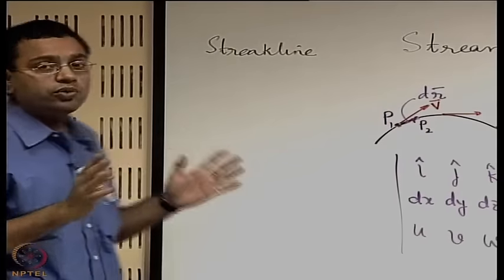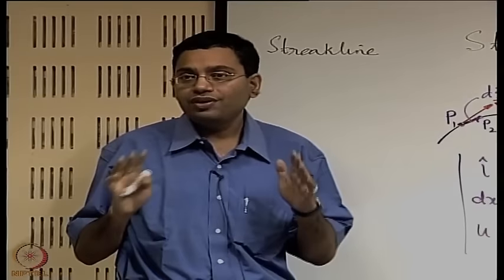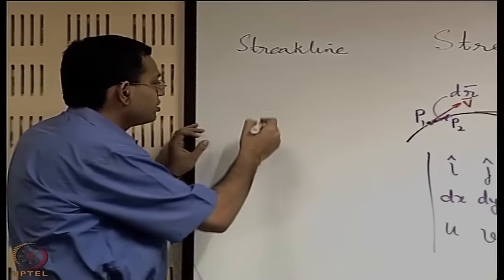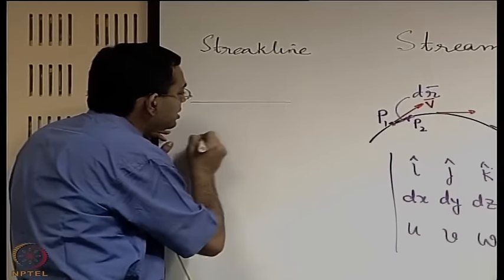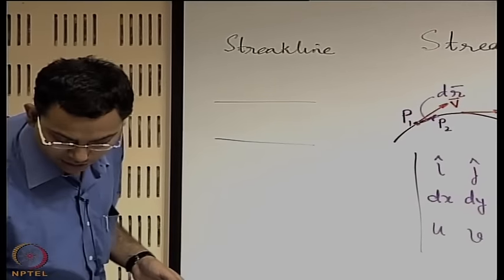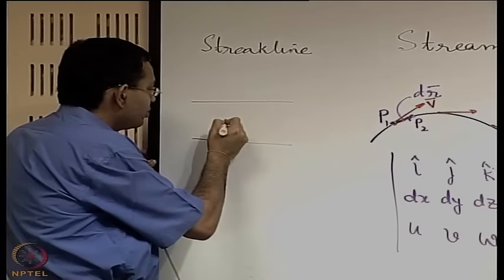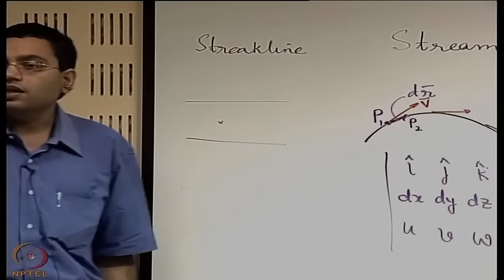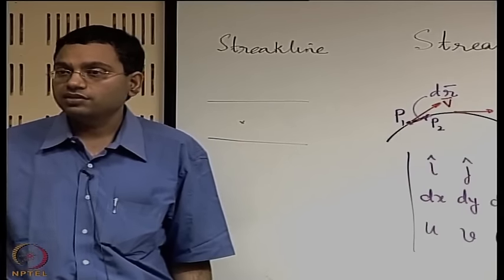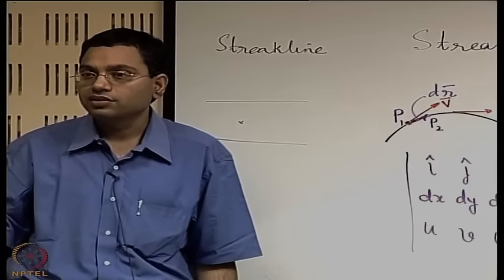Let us say you want to visualize a flow. We will try to identify the concept from where it has come. When you want to visualize a flow, say this is a flow field, a very common technique is what? You take an injection syringe, in that injection syringe you take some colored dye, say a blue colored dye.